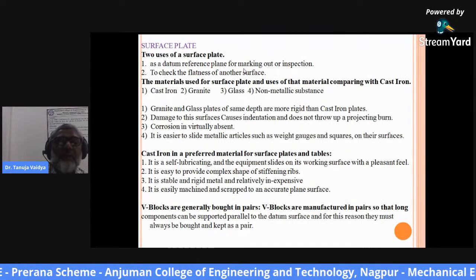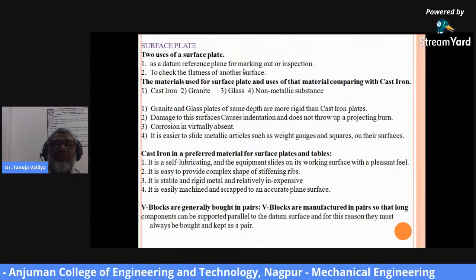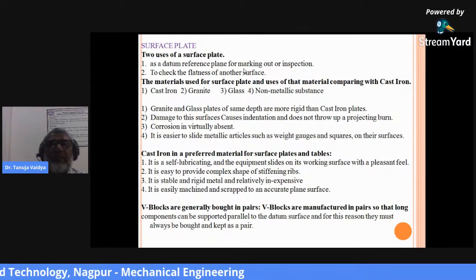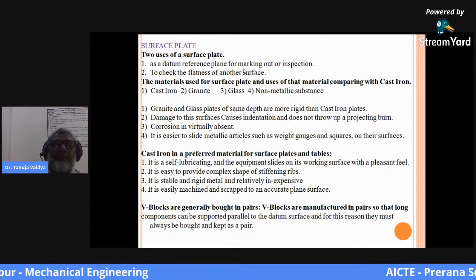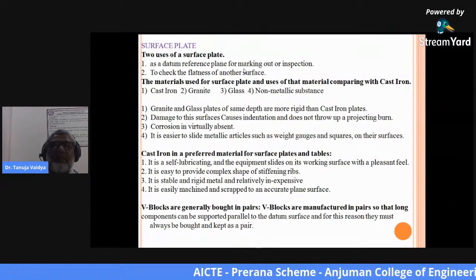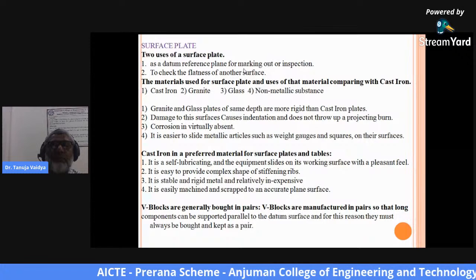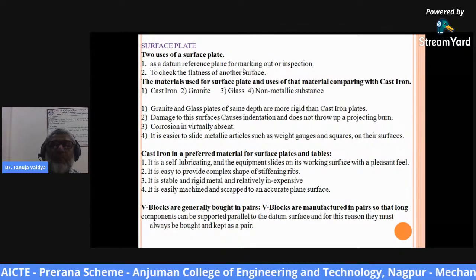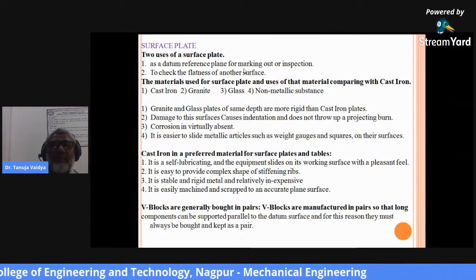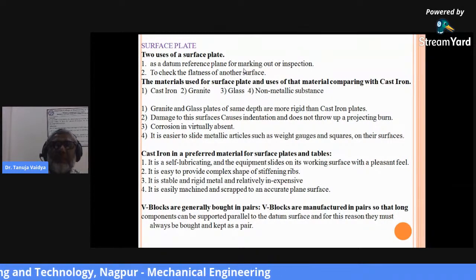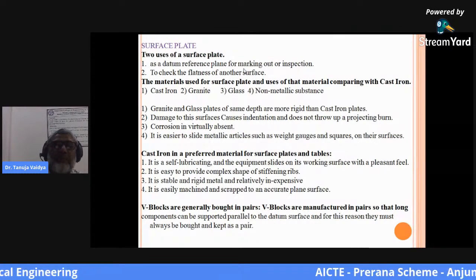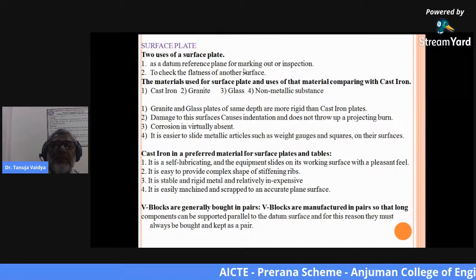Surface plates, as I have already told you, can come in different materials, and they have characteristics of their own. Generally, cast iron surface plates are used in the workshop because damage to the granite or glass surface causes indentation marks, whereas on the cast iron plate fewer damages can occur.